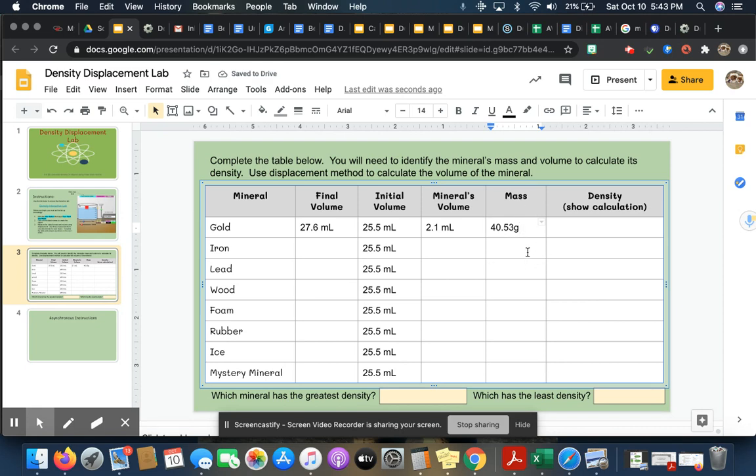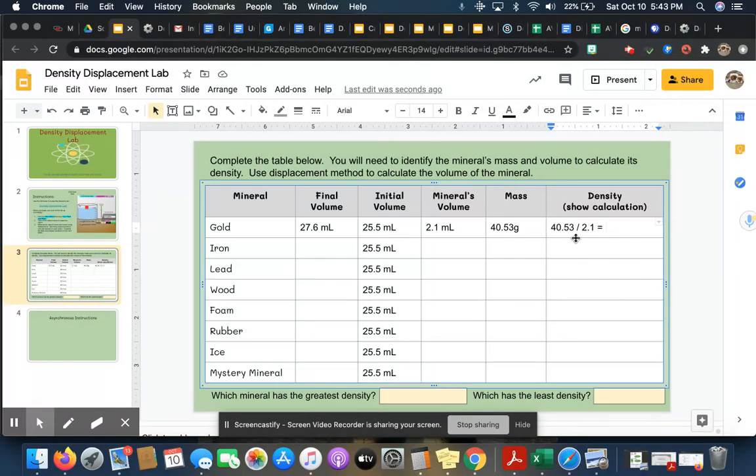Now I have everything I need to calculate the density of this gold. So I'm going to do my density calculation here. So remember, density is mass divided by volume. So I'm going to take my mass, which is 40.53, and divide it by its volume, which is 2.1. And yes, I do expect you to show me the setup. I understand you can't work it out by pencil and paper.